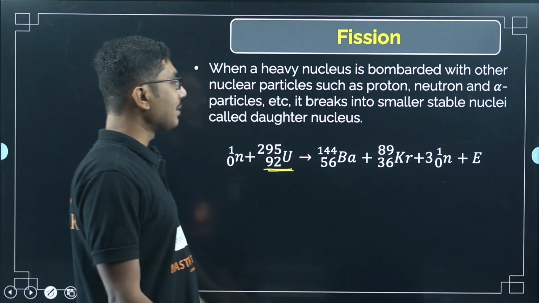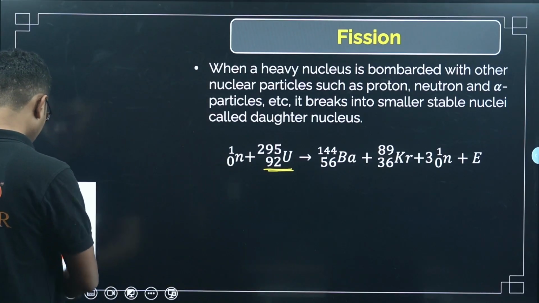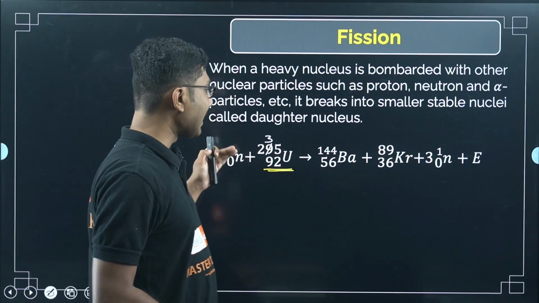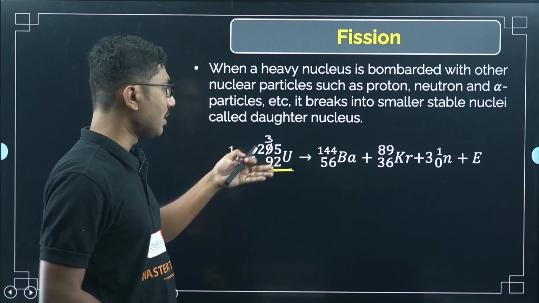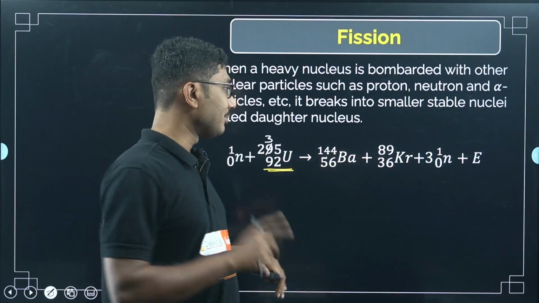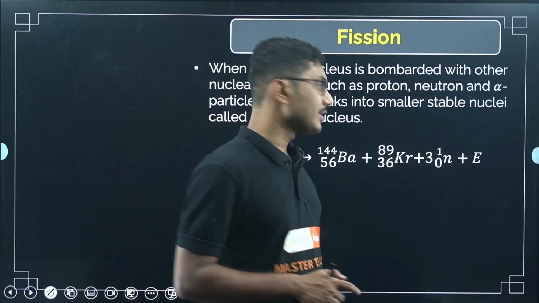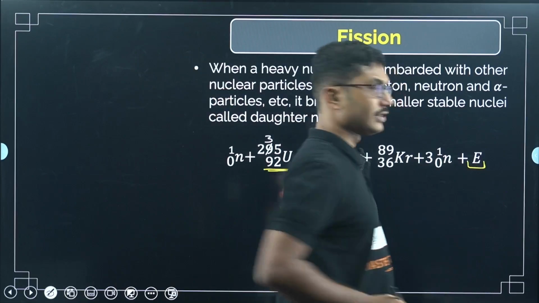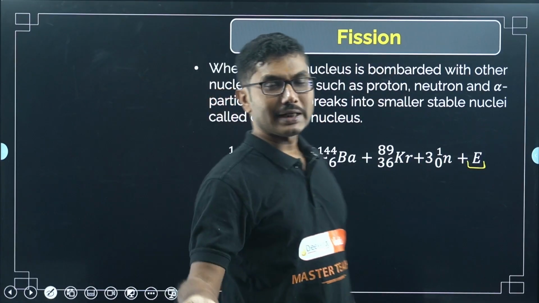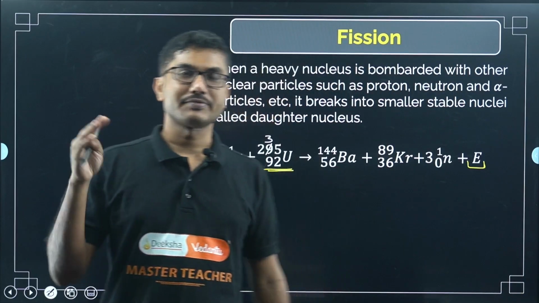After the bombardment, there are barium and krypton, two materials being produced, and also 3 neutrons are produced, and a lot of energy is released. This energy is collected inside the nuclear reactor, and then that energy is converted into electricity, and then it is transferred to our homes.